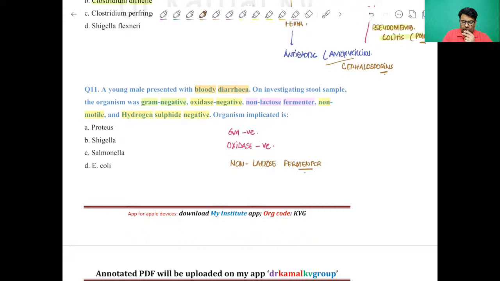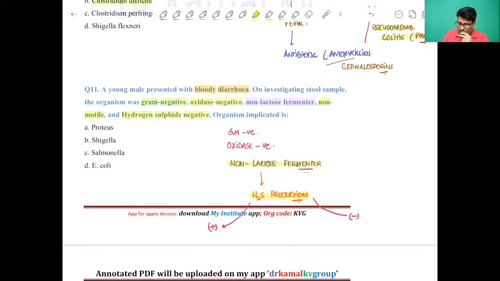Clear? Because after non-lactose fermenter, we will use hydrogen sulfide production to check which organism it is. We will see whether the hydrogen sulfide production is there or not. Especially in non-lactose fermenters, we differentiate the bacterium by hydrogen sulfide production. Again I repeat, non-lactose fermenter has to be differentiated on the basis of hydrogen sulfide production.